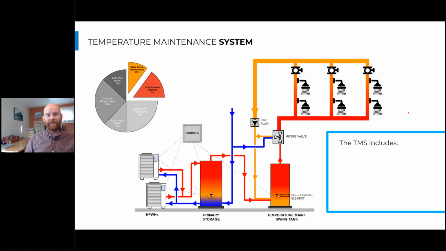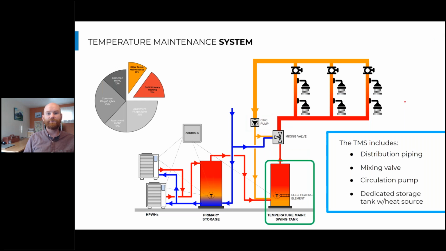So the temperature maintenance system, what's included, once again, this is a slide from session 1 that's really just to remind us about this system, and that it's the hot water piping that's distributing that water through the building. It's that mixing valve, that circulation pump, and some way to reheat those losses.